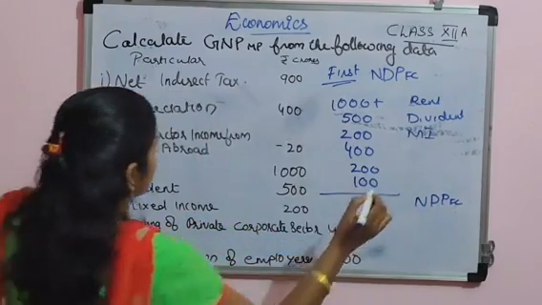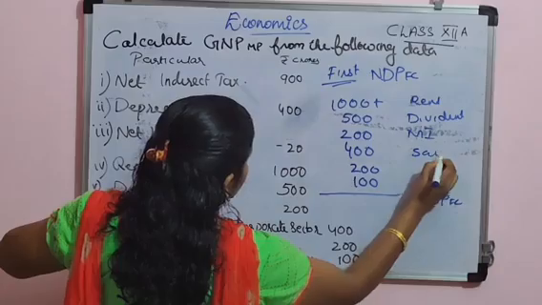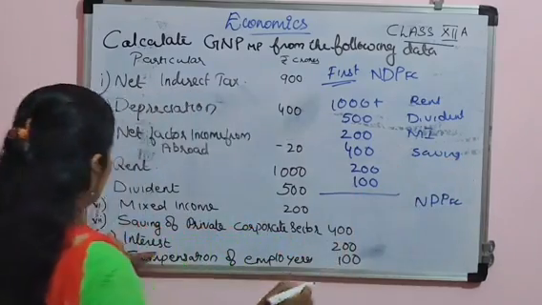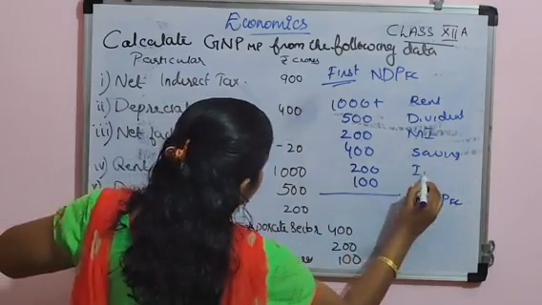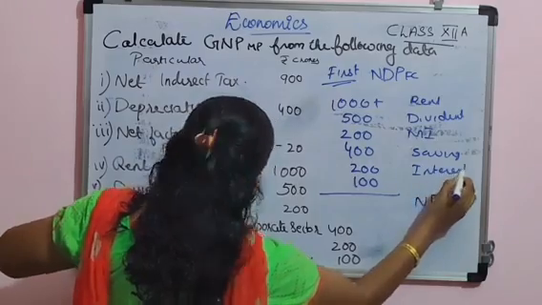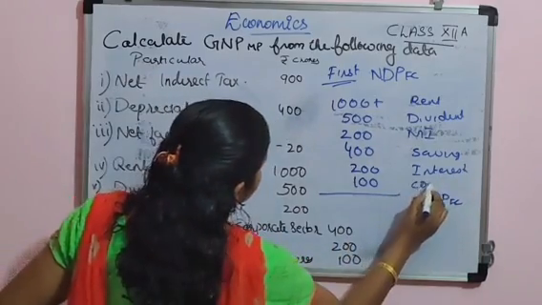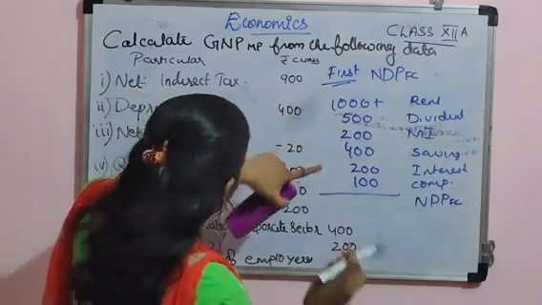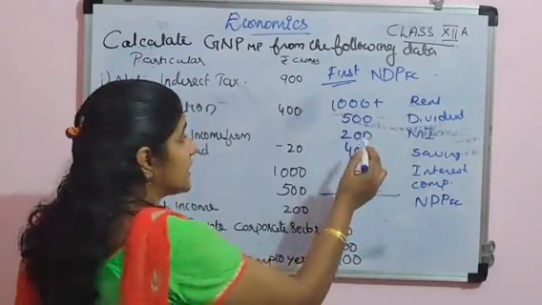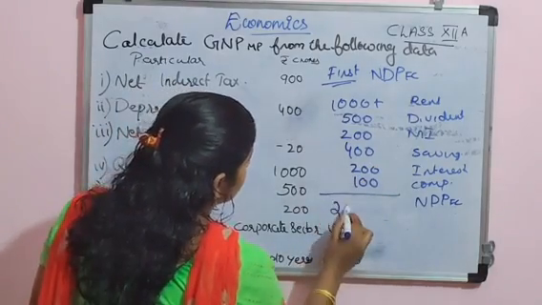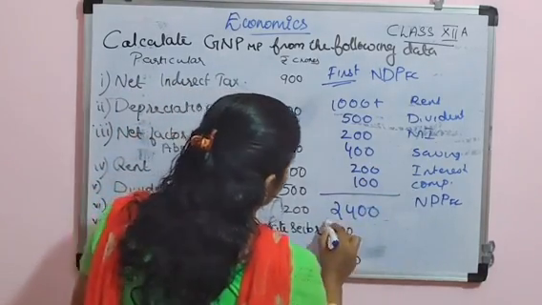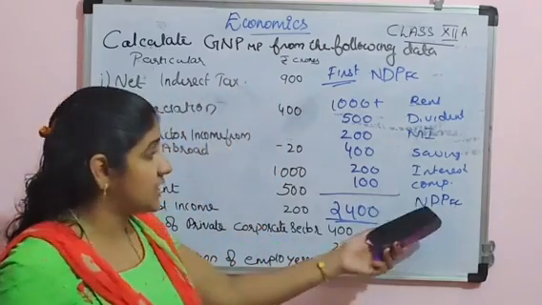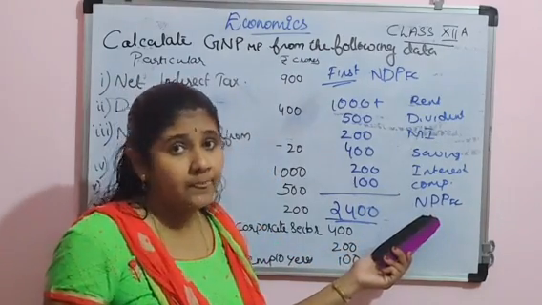Then the saving of the private sector. Then interest is here. And this is the compensation of employees. When we add all this, we will get 2400. So this 2400 is equal to NDPFC.